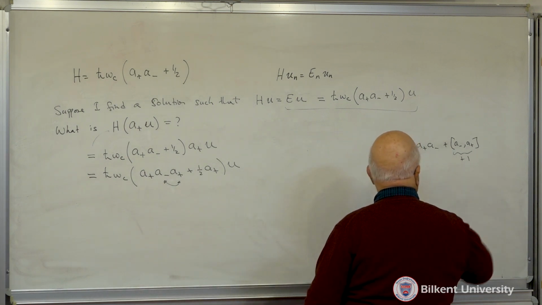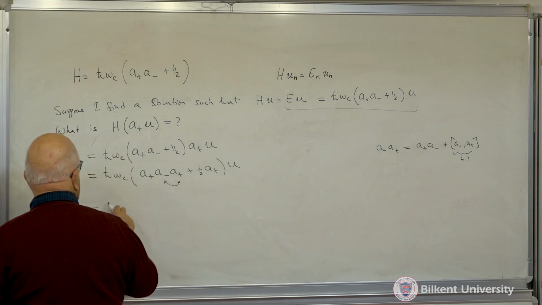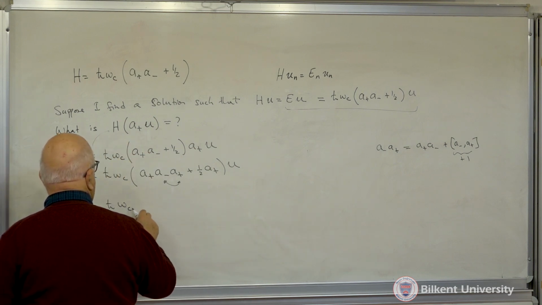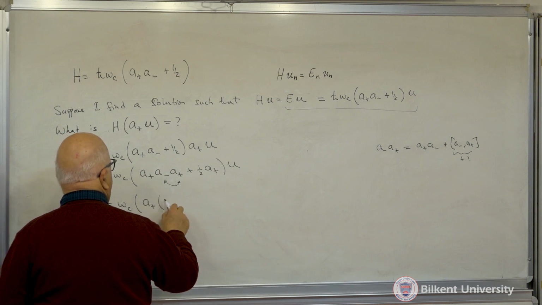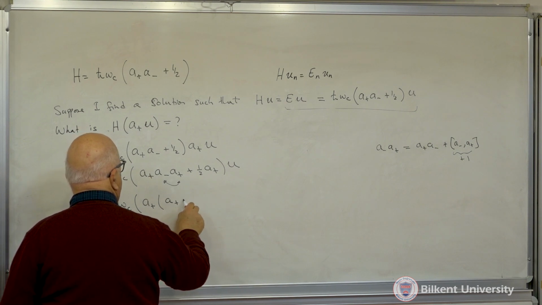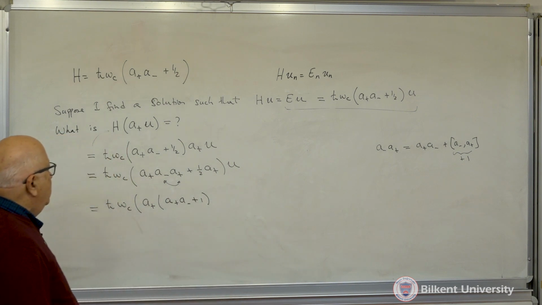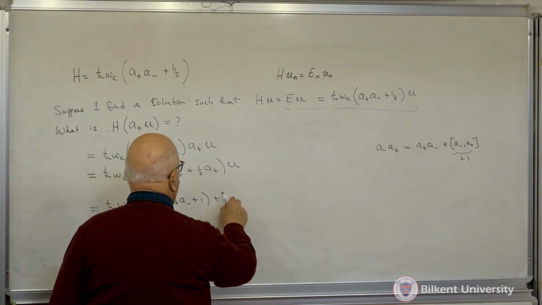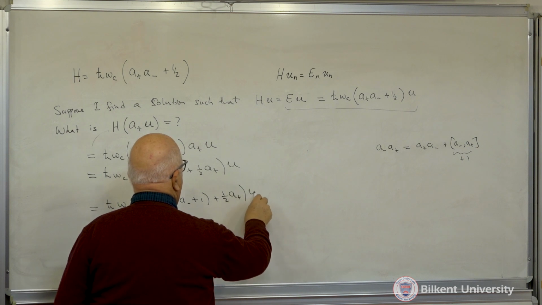So this thing is just plus 1. So that means I can write this as h bar omega c, a plus, then I have an a minus a plus a minus, plus 1, plus 1/2 a plus u.